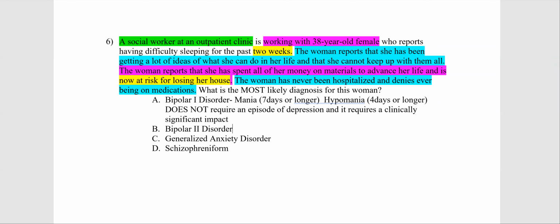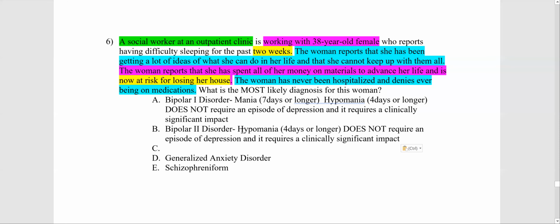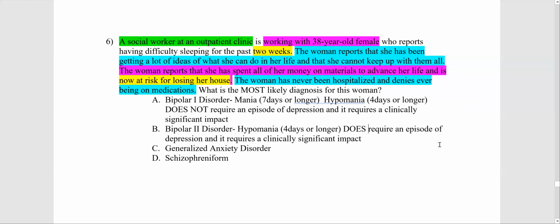And then bipolar 2 disorder, we're going to be looking at hypomania, which comes second. 2 plus 2 is 4, 4 days or longer. It does require an episode of depression, and it does not require a clinically significant impact on the person's functioning.